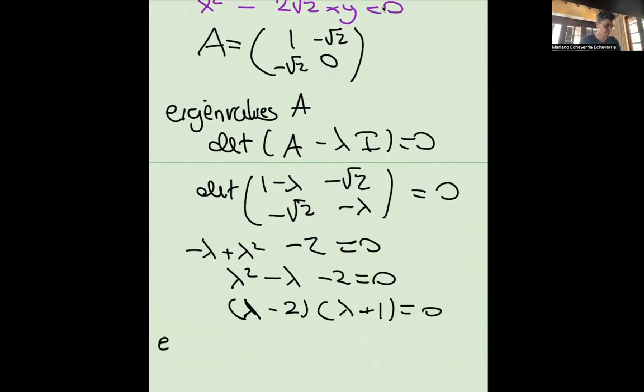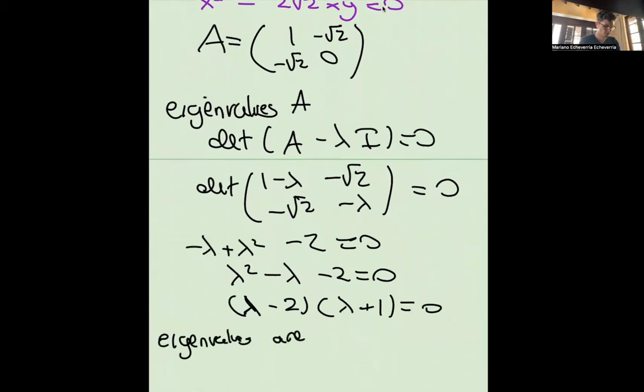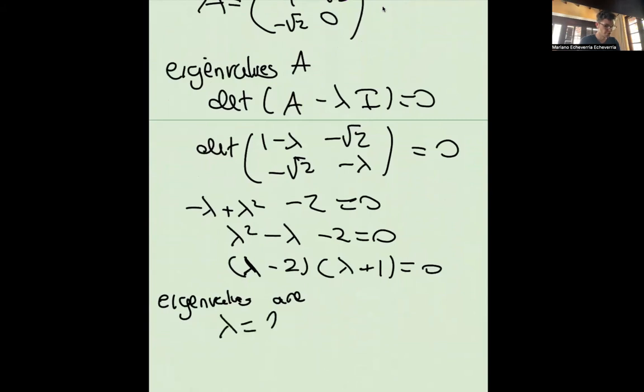So what are the eigenvalues? Lambda equals 2 and lambda equals minus 1. Those are the two eigenvalues that you found.